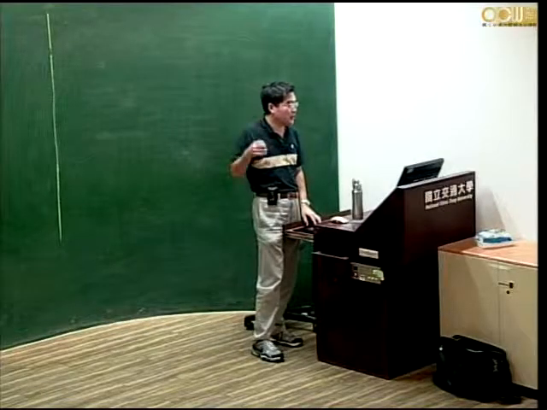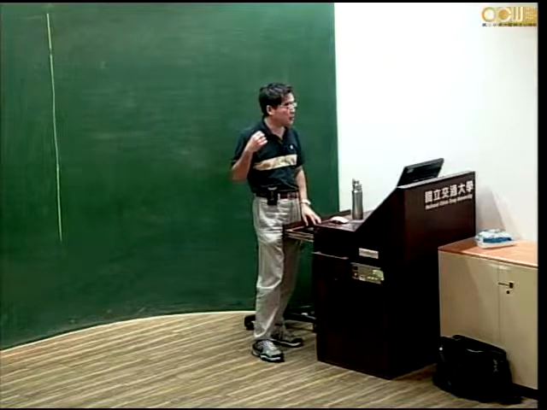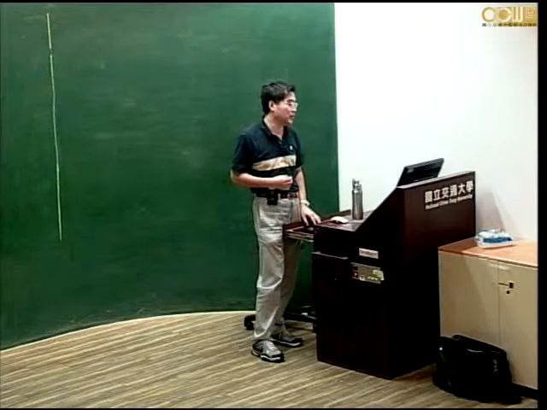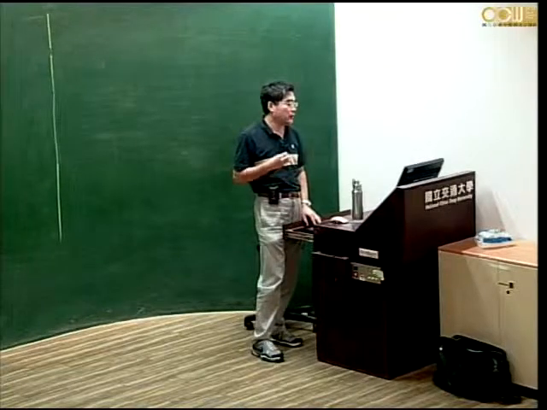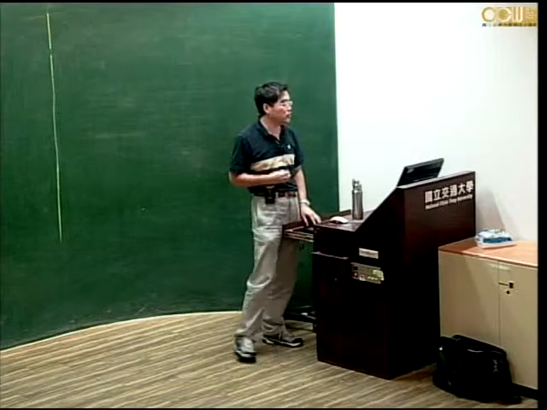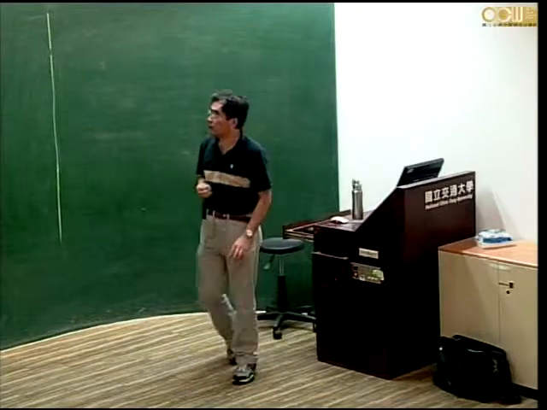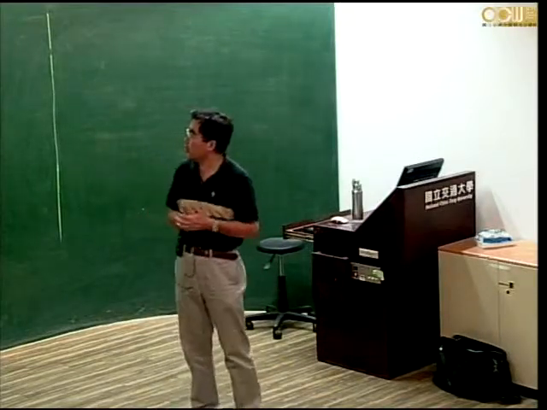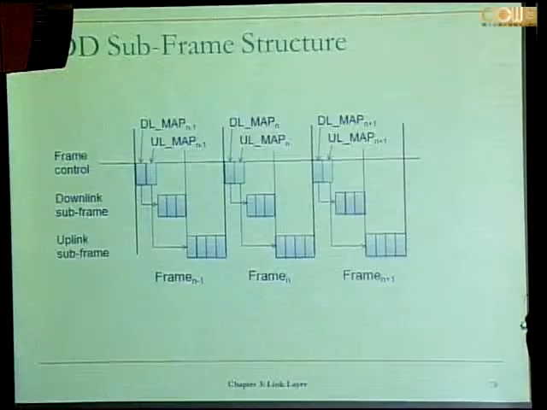So the base station relies on the downlink and uplink map to describe the downlink and uplink slot. And the mobile station can only use the uplink slot, and how to use it depends on the map. So they will need to see the map and decide how to use the uplink slot.